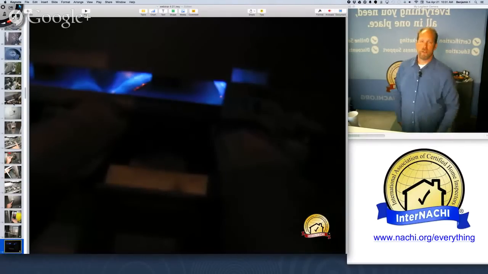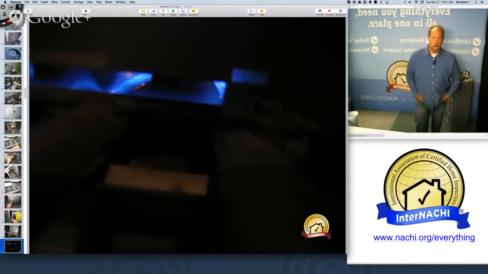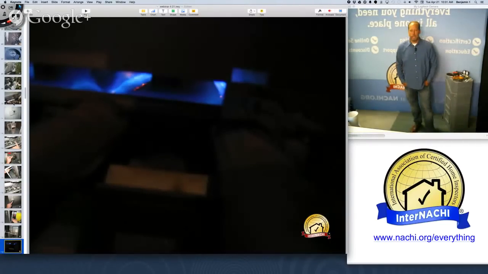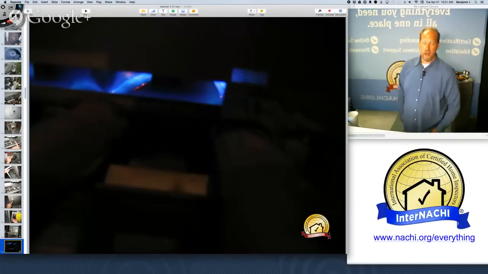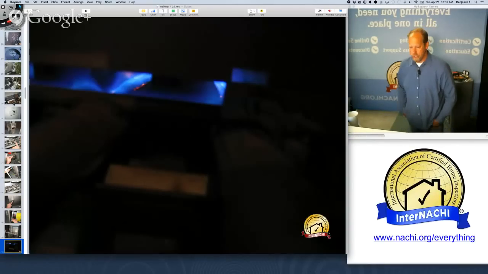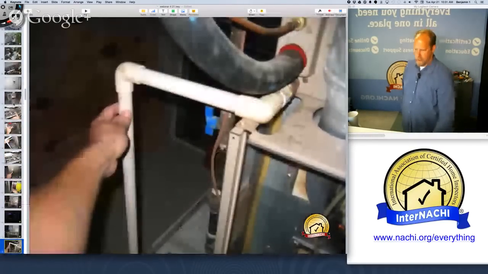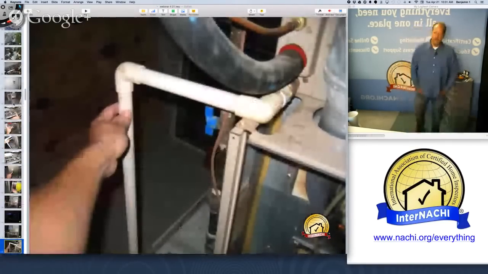The burners are dirty. I try to turn it on and take a look at the flames. There's a couple of indications from flame color and pattern that you can deduce from, and the burners themselves are dirty here. And the condensate should have a water trap.